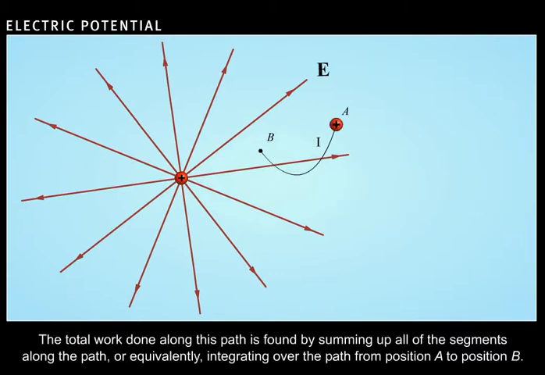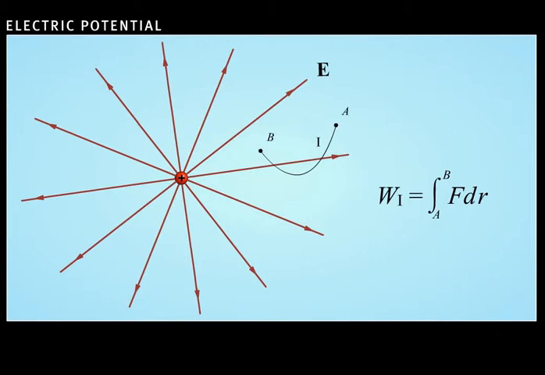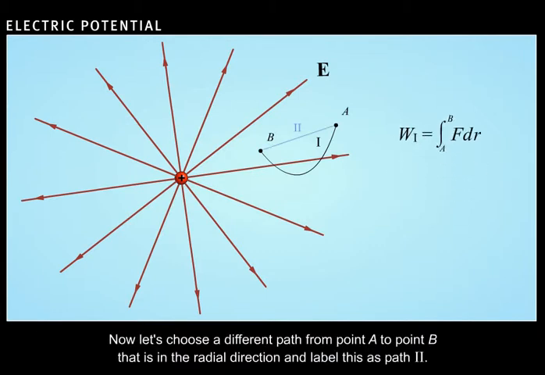The total work done along this path is found by summing up all of the segments along the path, or equivalently, integrating over the path from position A to position B. Now let's choose a different path from point A to point B that is in the radial direction and label this as path 2.